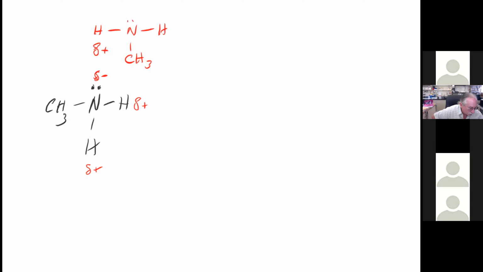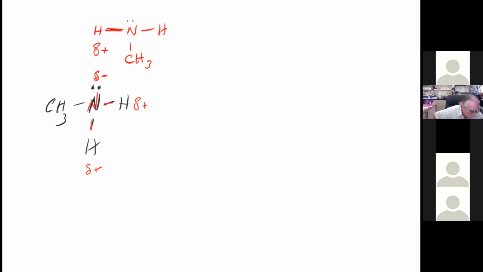This is a dipole right here and a dipole right here or here. So it does meet the criteria for dipole-dipole. Doesn't meet the criteria for hydrogen bonding. Well, here's the NH of one. What do I need in the other one? An F, an O, or an N, and there's the N. Okay, so that is a hydrogen bond.